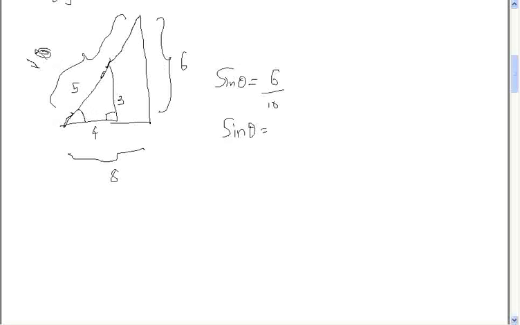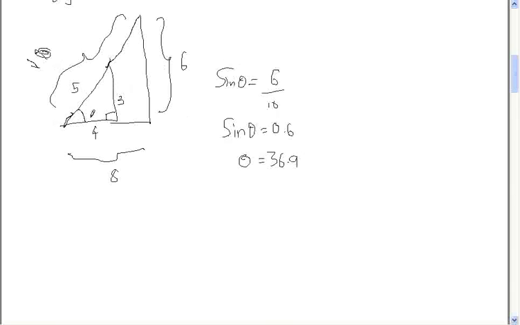So same result here, 0.6. So when the ratio between the opposite and the hypotenuse is 0.6, the angle will always be 36.9.